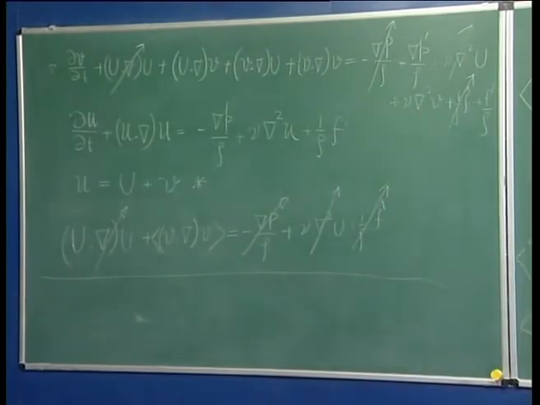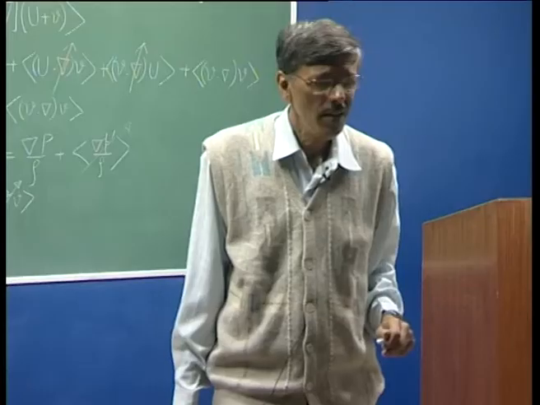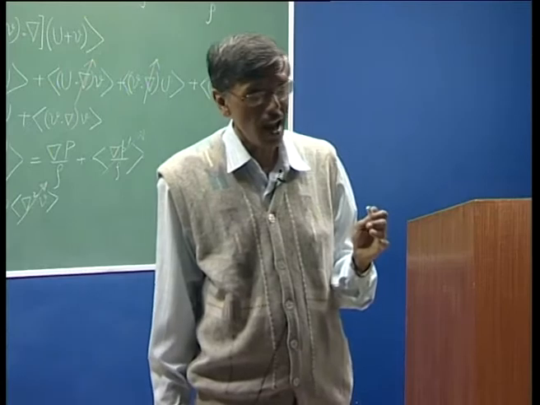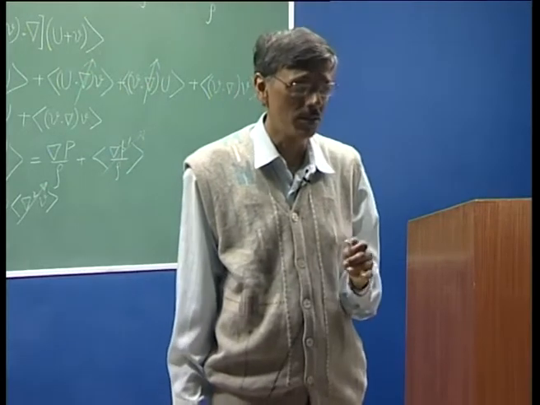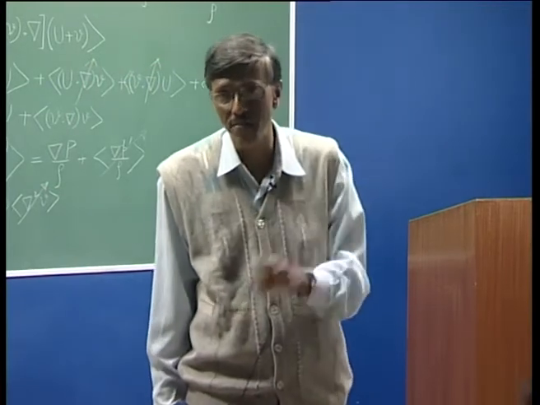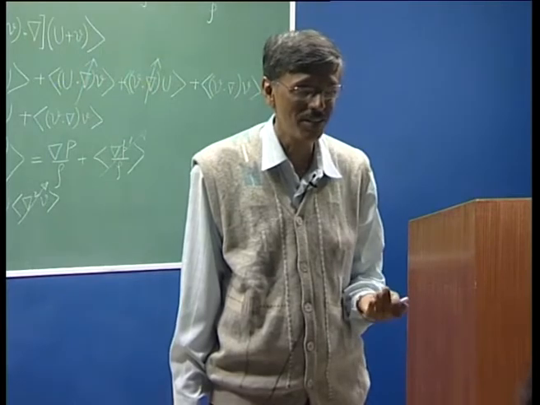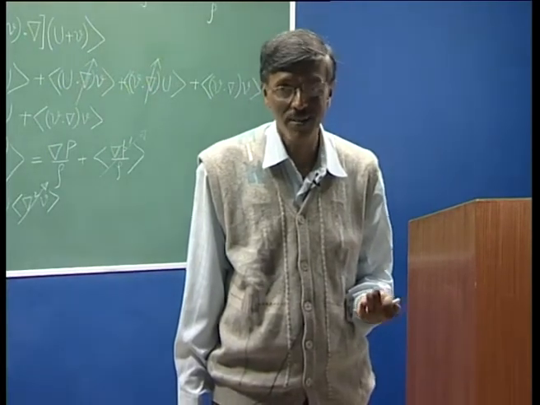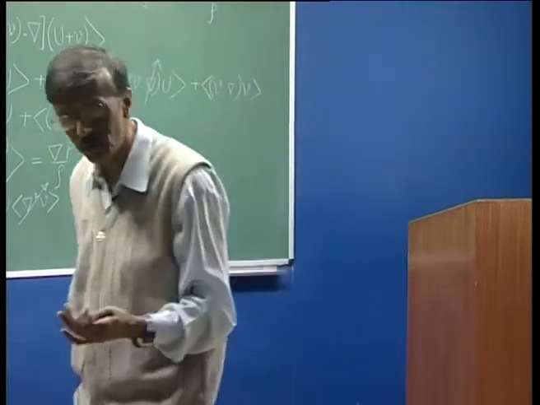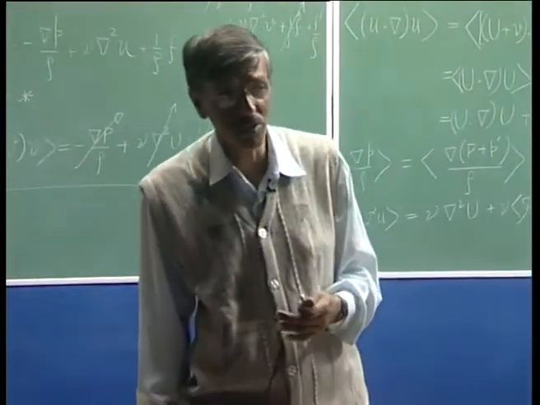Now do understand, the body force is not an attribute of turbulence. What is the turbulence that we talk about? Turbulence is an effect. What are the causes? How is turbulence caused? By all those inputs, and one of the inputs happens to be the body force also.